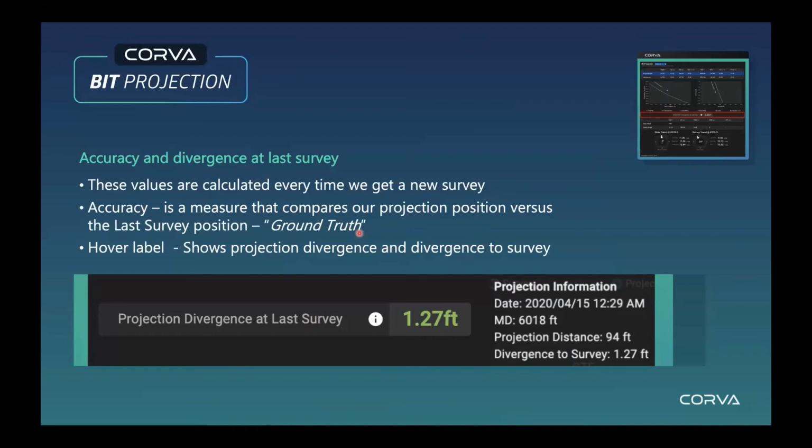We calculate projection distance and divergence to survey, and these distances are in reference to the last survey. That way we can quantify how close our projections were versus the actual survey station.